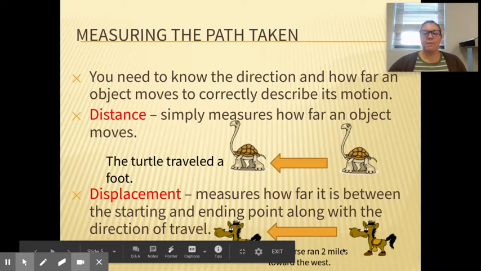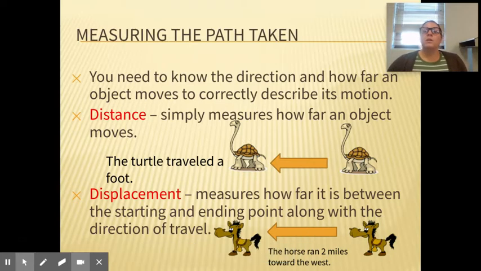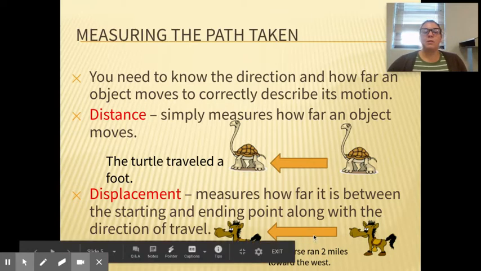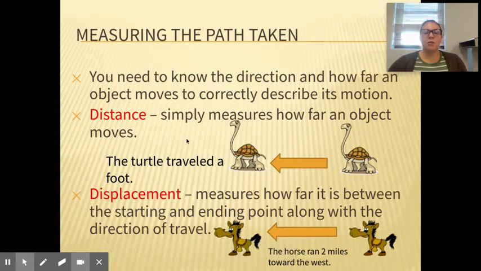So we have that distance or that length measurement as well as a direction, which is needed for displacement. Now, if the horse ran 2 miles west and then 1 mile east, so it ran back and forth, its displacement would be different from this because remember, displacement has to do with starting and end point. Distance, on the other hand, is going to measure the whole trip.